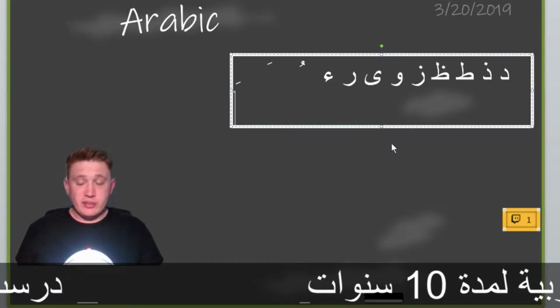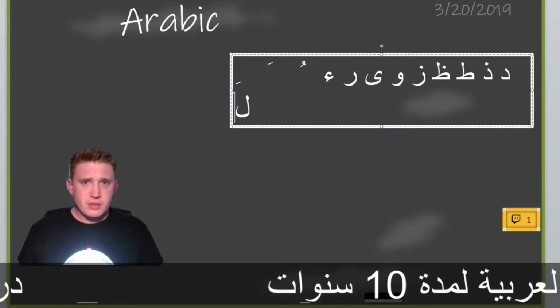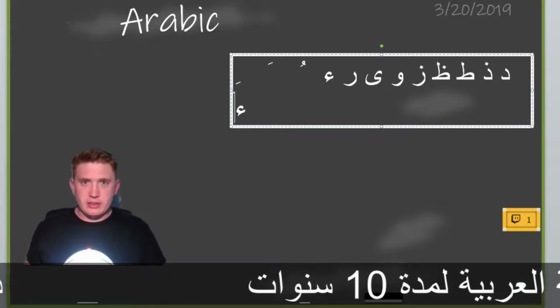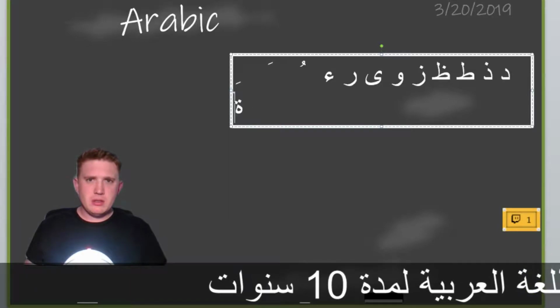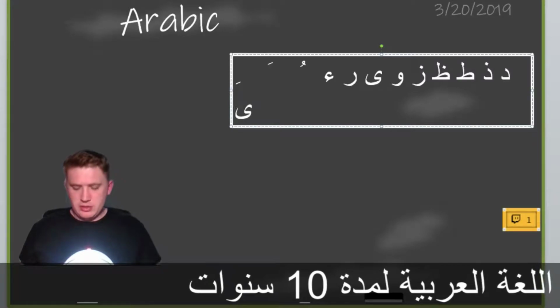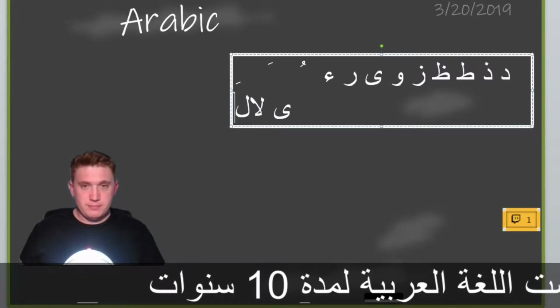The next letter that we have is the Aleph Maksura, which literally translates to broken Aleph.